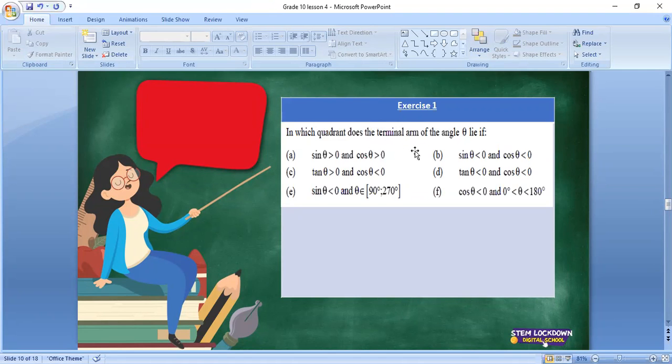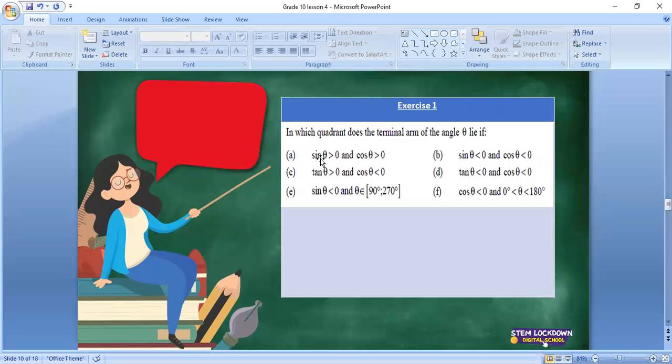Which quadrant has sine positive and cos positive? Greater than 0 means positive, don't forget. Greater than 0 means positive, less than 0 means negative.